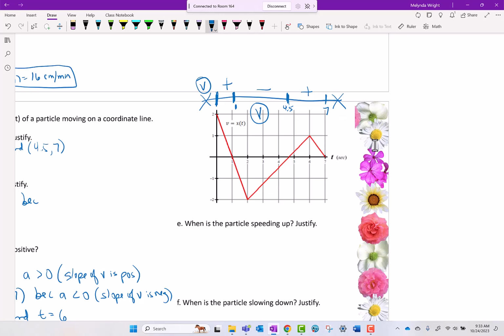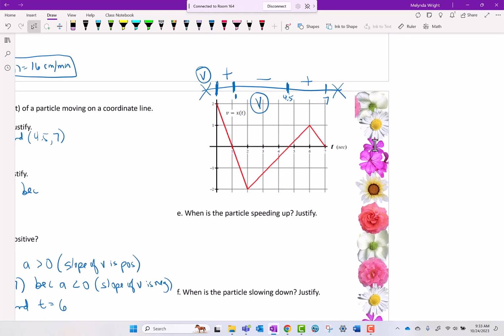Now, I like to do a sign chart on acceleration because it would drive me crazy to have to look at the graph over and over again. My points here are when the slopes are changing. So that's at 2, and that's at 6. And of course, we're stopping at 7 and at 0.